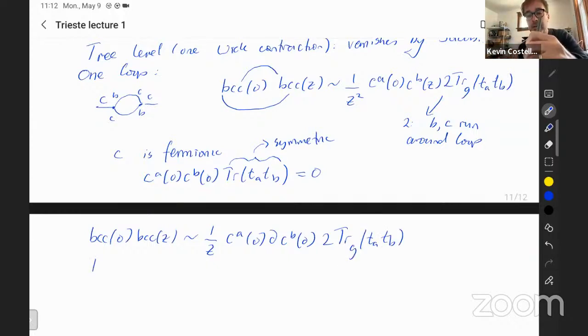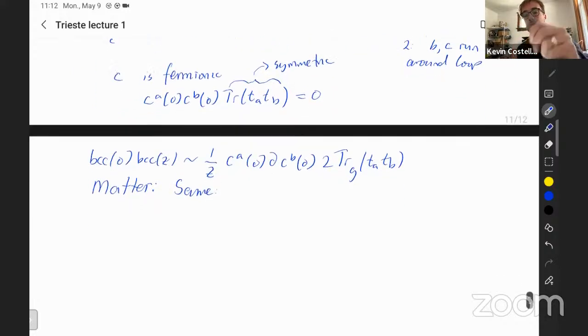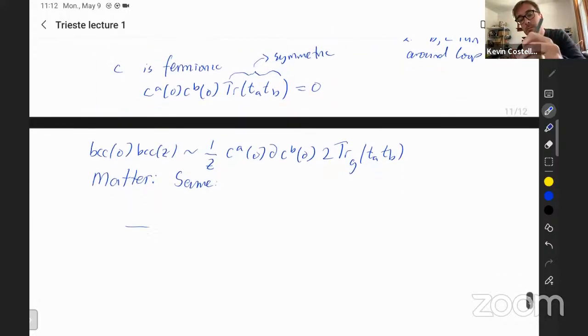Now for the matter sector, it's going to be the same kind of calculation. The C ghost is going to couple to two matter fields.